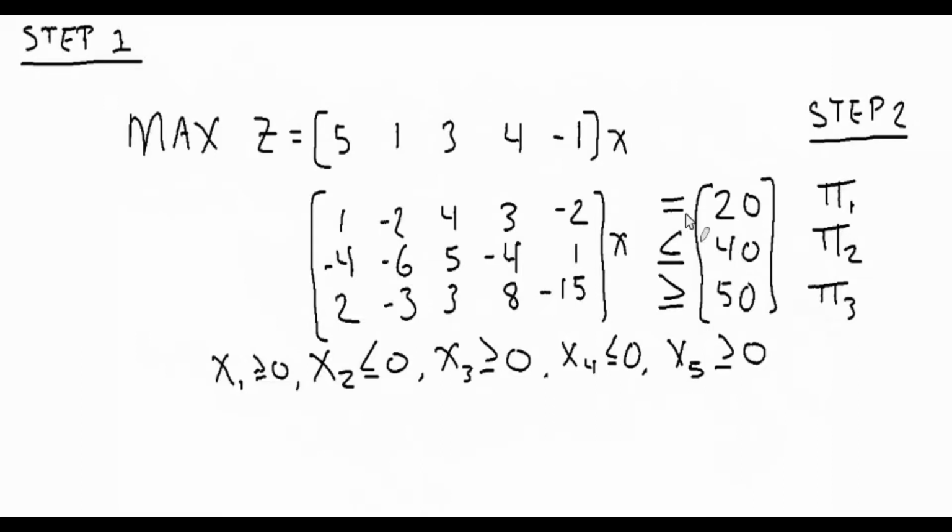So each constraint has a dual variable associated with it. The equality has pi 1, the less than or equal to has pi 2, greater than or equal to has pi 3, and that's step 2.